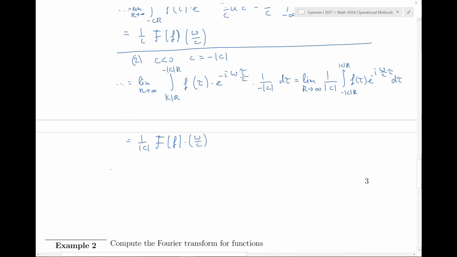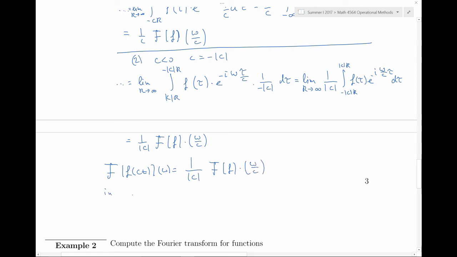If we combine these results, we get that the Fourier transform of f of ct, at omega, is the same as 1 over absolute value of c, because the absolute value of c, when c is negative, makes it positive, and when c is positive, makes it positive, times the Fourier transform of f computed at omega over c.